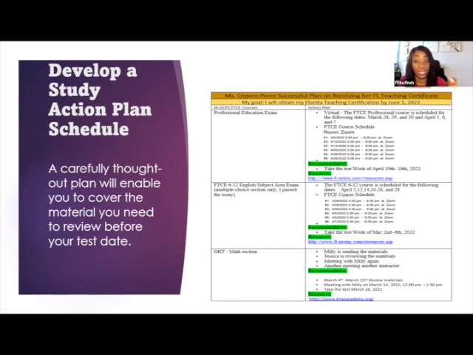You may need to break it up some more, but this is an example of how you can break up your study sessions. So if you're going to do longer study sessions, 3-4 hours, then you can have 6 sessions leading up to your actual test date. Or you can do smaller sessions, maybe an hour and a half each day. So these are some thoughts as to how to prepare.